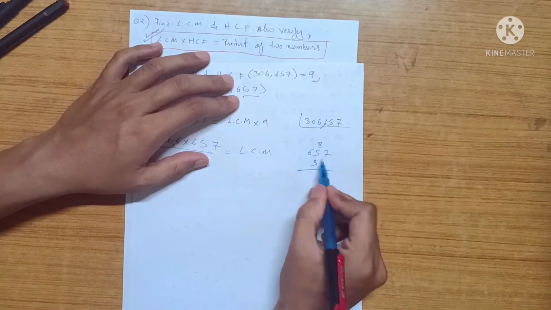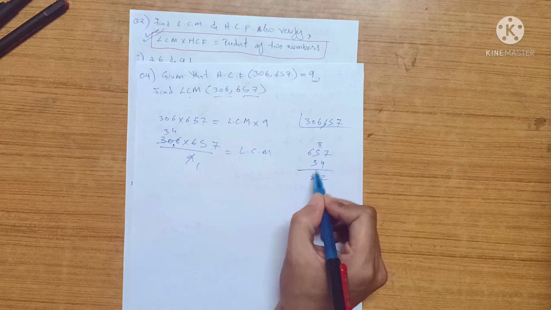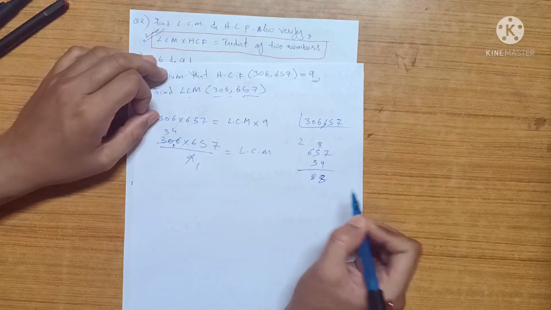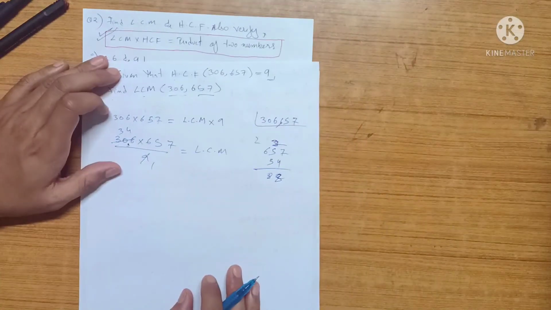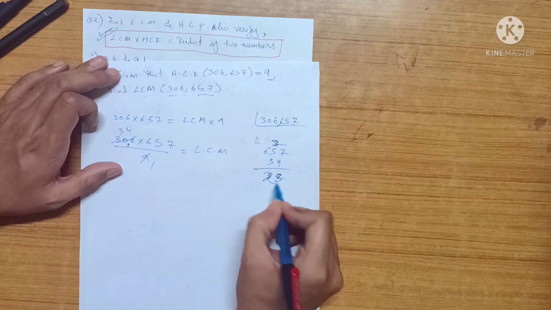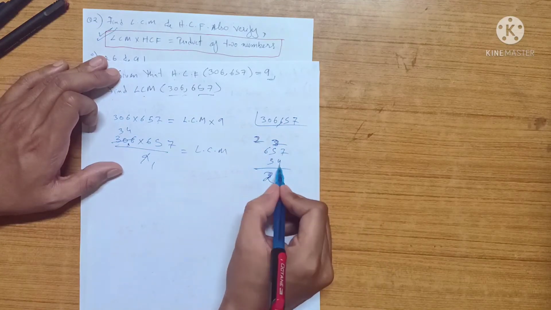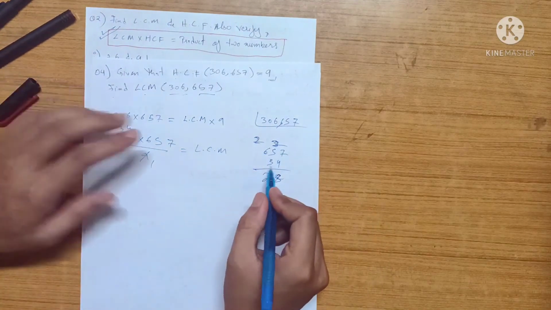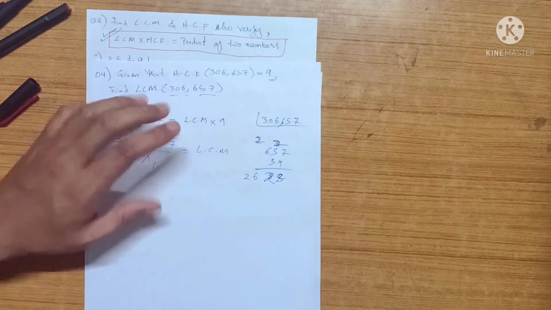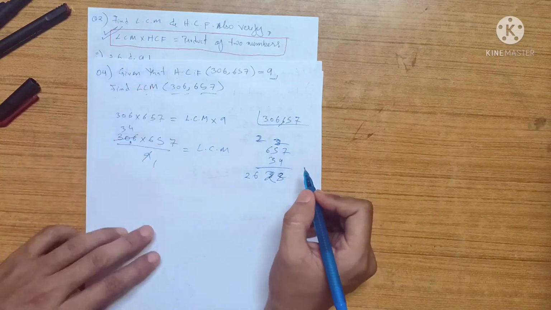Now the multiplication: 7 4s are 28, 6 4s are 24. I'm not well, that's why.